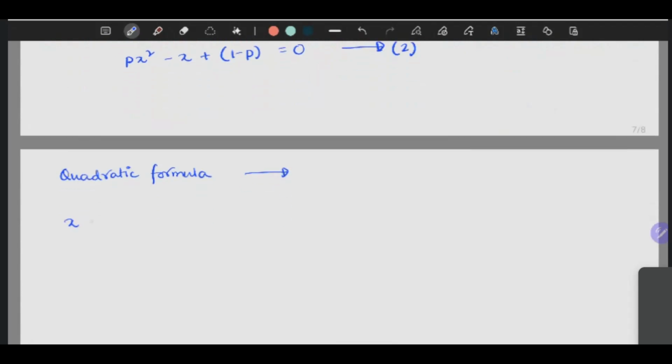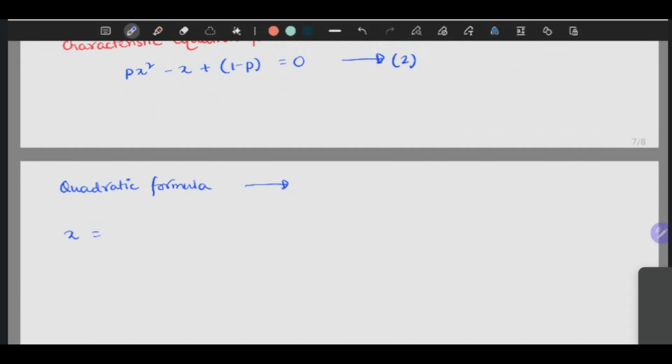Let's say this is ax square minus bx plus c equal to 0, if you write like this. Then x is equal to minus of b, this will be 1, plus minus root of b square, that will be 1, minus 4ac, so this will be minus 4 times p times 1 minus p, divided by 2a.